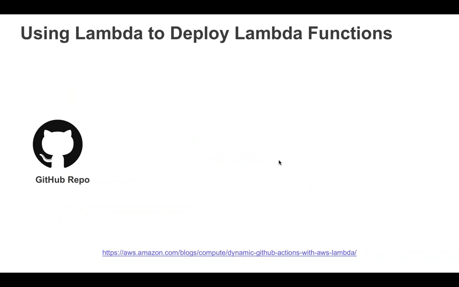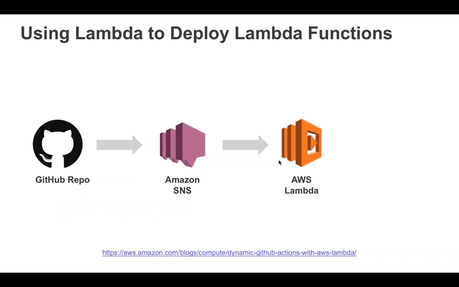Next, of course, is using Lambda to deploy Lambda functions. As you create and manage your Lambda code, it's likely you may store it in a GitHub repository. GitHub, of course, can talk to Amazon SNS and cause notifications when new functions or new code is added to your repository. In turn, that can cause a Lambda function to run, which may then take that new version of code and upload it into the Lambda service.